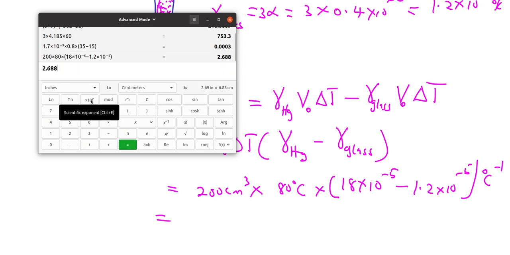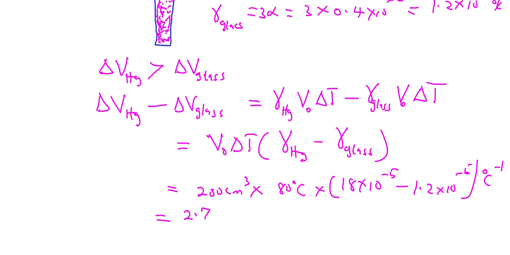So you obtain 2.688, that's approximately 2.7 cm cubed, because the degree Celsius will cancel the per degree Celsius, so you'll be left with cm cubed. So the volume of mercury that will overflow will be 2.7 cm cubed.